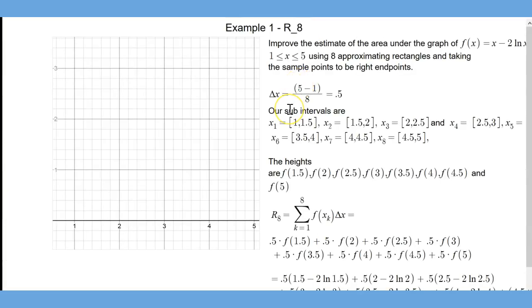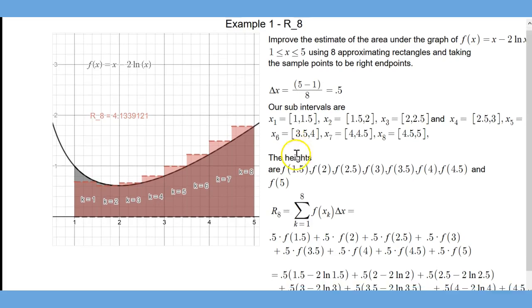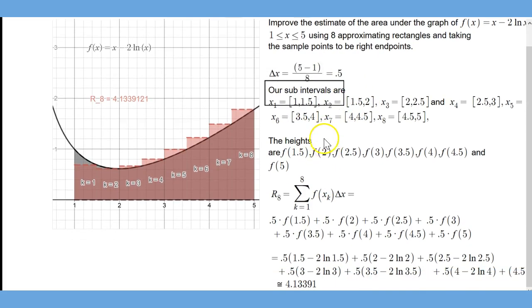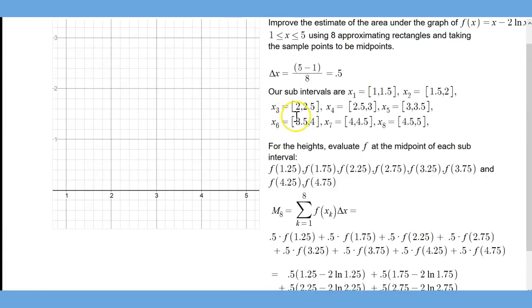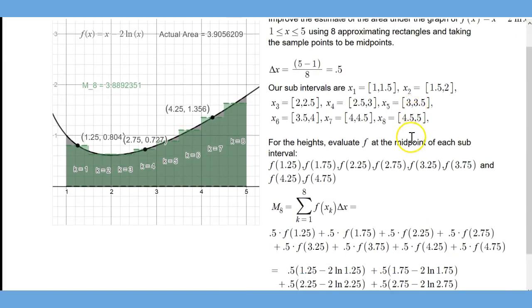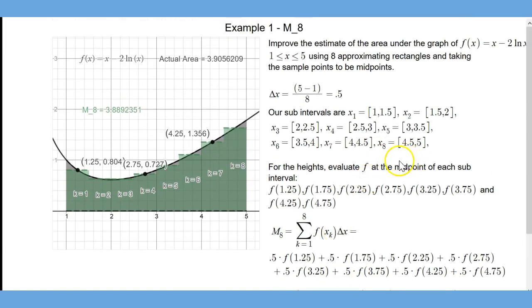Then we're supposed to use it with 8 rectangles. I'm not going to talk through all this, but delta x now is 1/2. We do the same thing. We find the right endpoints of all those 8 intervals, sum them up, and then we're supposed to do that again with the midpoint of each interval, and it gets pretty involved just with arithmetic.